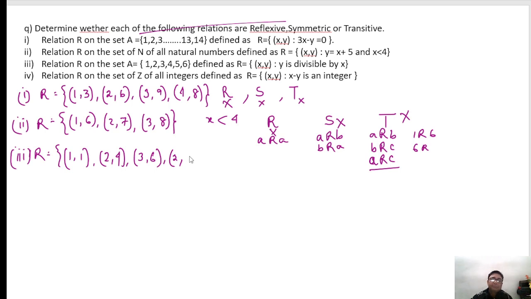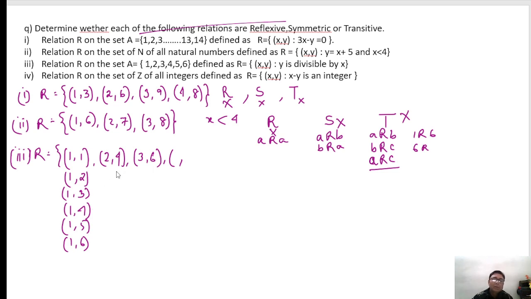First let us complete this. 1 comma 1, I can take 2 comma 1. I can take 3 comma 1, 4 1, 5 1, 6 1.